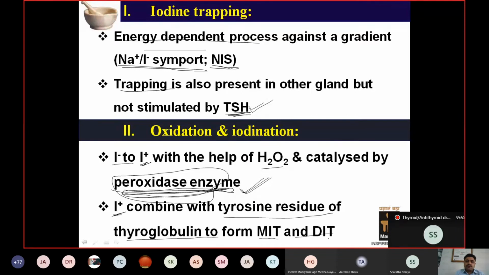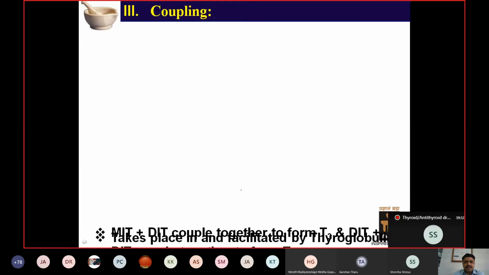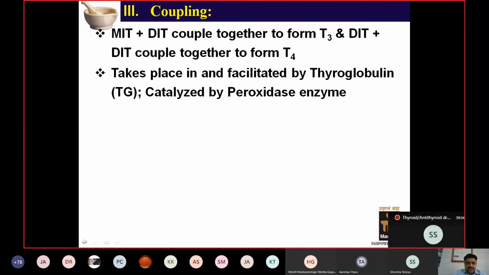Now, this is one step, oxidation, helped by hydrogen peroxide and peroxidase enzyme, and then this organification is also helped by the same enzyme, peroxidase. Now, coupling means when one MIT and one DIT combine together, they form T3.